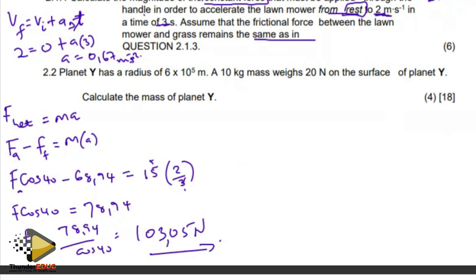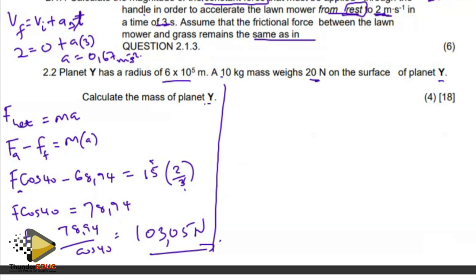Then 2.2. A planet Y has a radius of this much, and a 10 kg mass weighs 20 newtons on the surface of planet Y. Calculate the mass of the planet Y. One thing we know about Newton's law of universal gravitation is that the force experienced between the bodies must be the same, regardless of how big or how small it is.